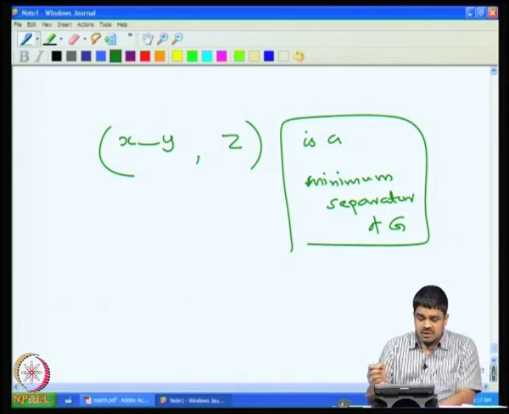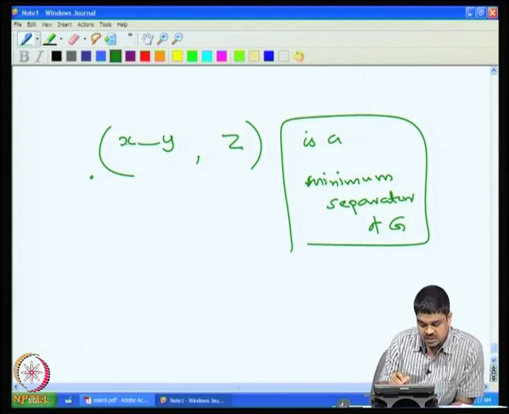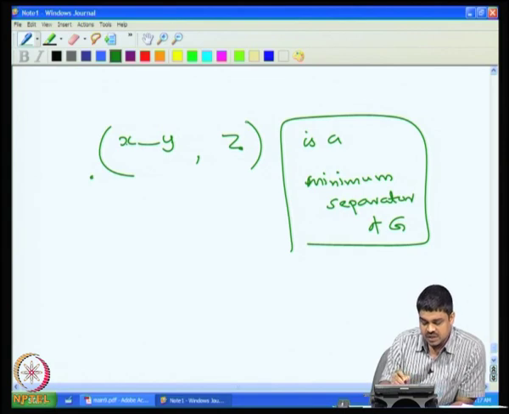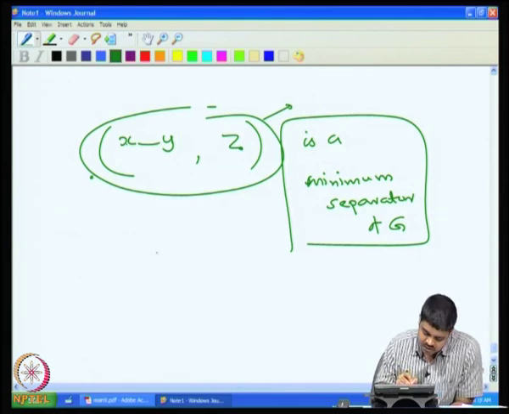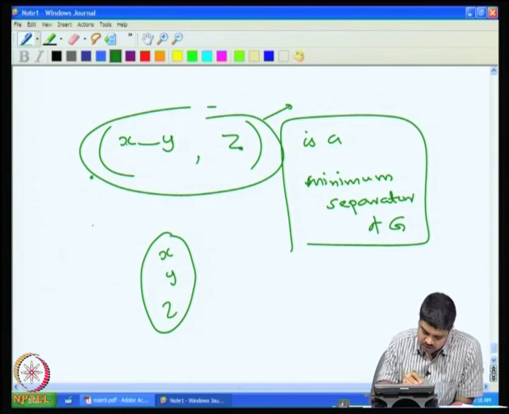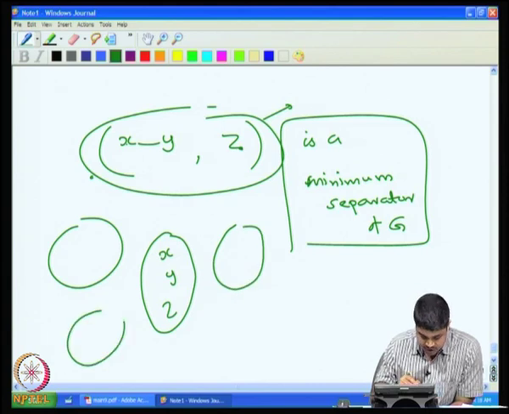Now, this is for an edge; z is the partner of it in some sense. For each 3-tuple of this sort, let me assign a value. How do I compute the value? I consider this separator x, y, z in the graph G, and there will be several components.